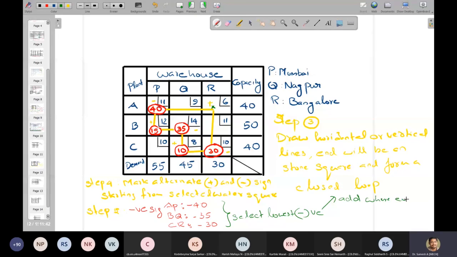Subtract wherever there is a negative sign. Add wherever positive sign, subtract wherever negative sign.